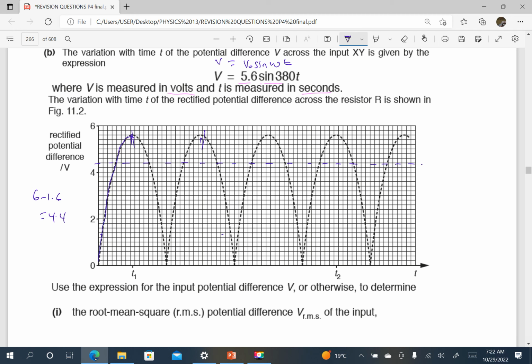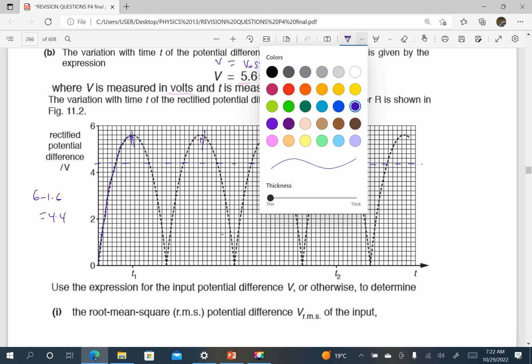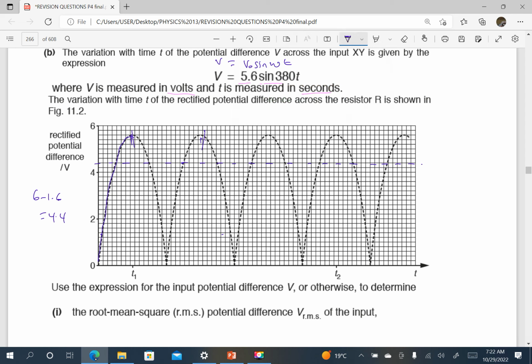But then when the capacitor is fully charged, the voltage does not go below 4.4. So we shall draw peaks falling to 4.4. Here you use a straight line from the peak.